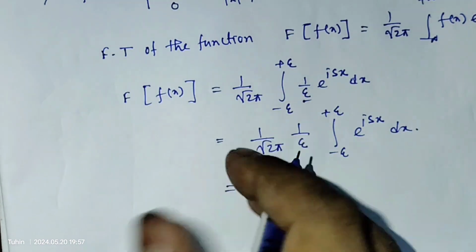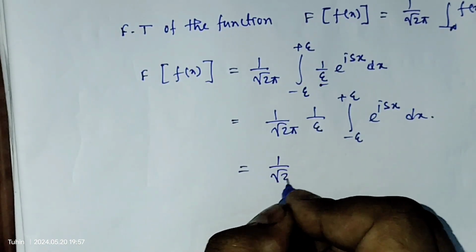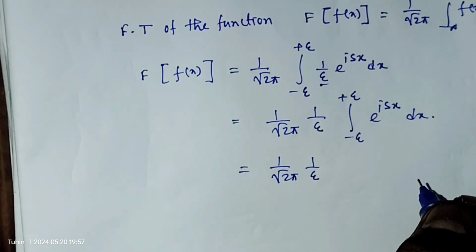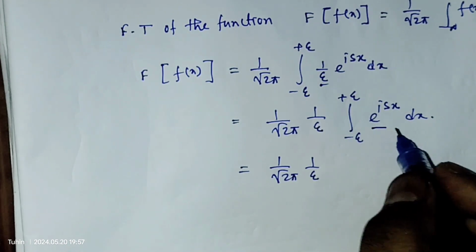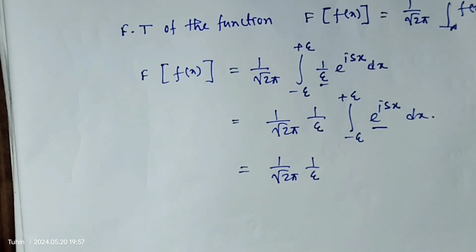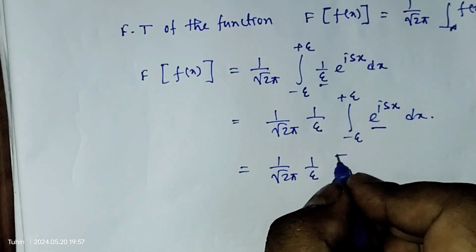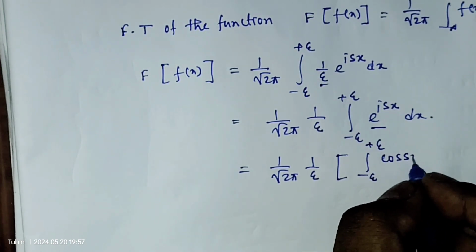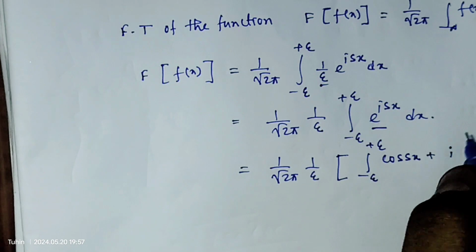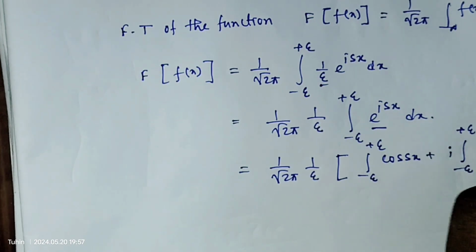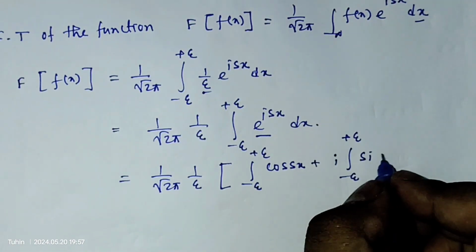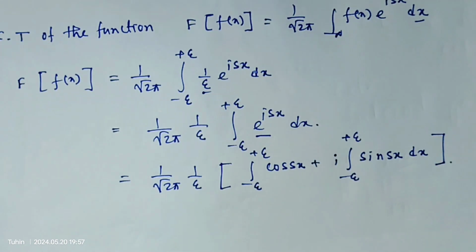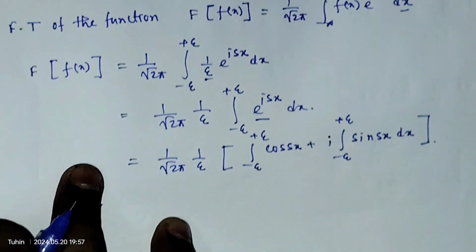I can replace this term by cosine and sine functions: 1 by root 2 pi, 1 by epsilon, integral from minus epsilon to plus epsilon of cos sx dx, plus i times the integral from minus epsilon to plus epsilon of sin sx dx. So this is the total integration you need to do.